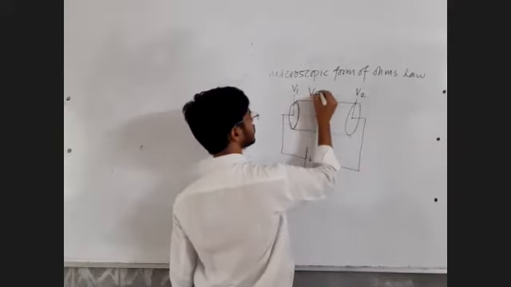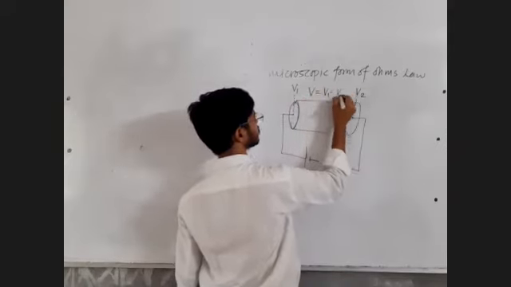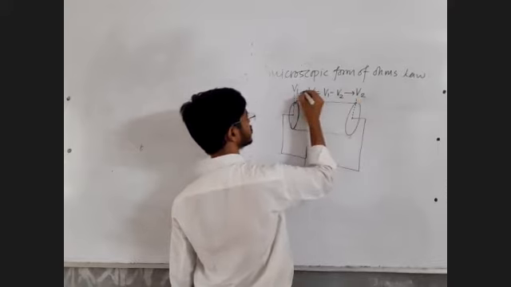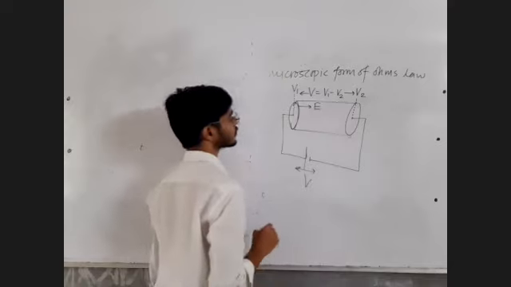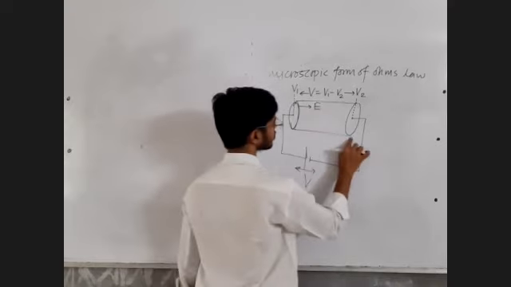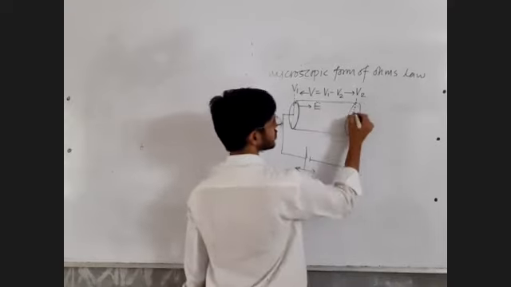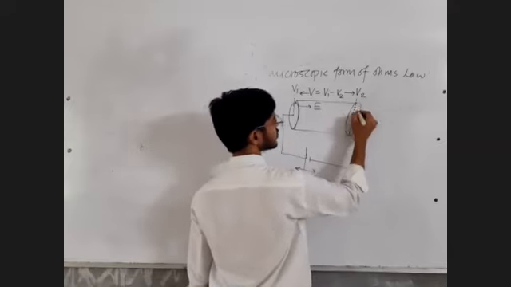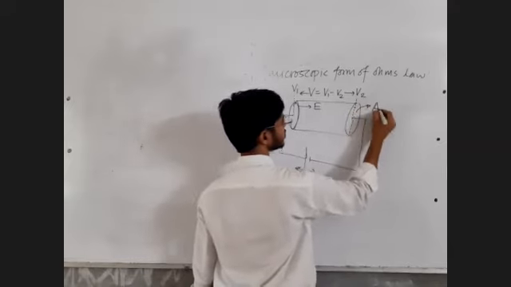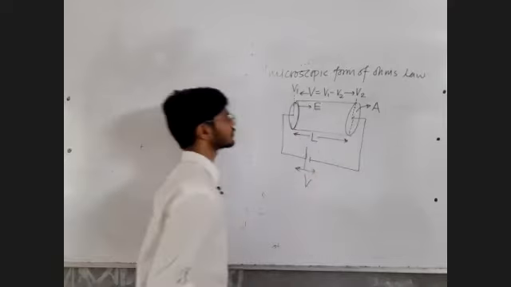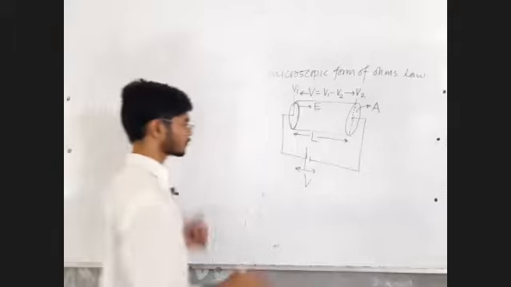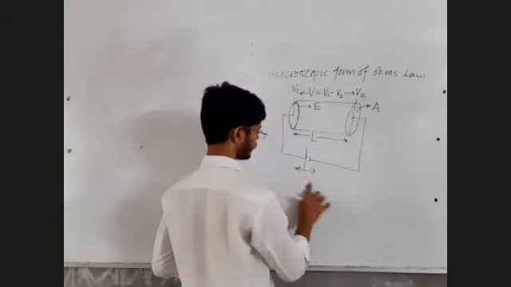Potential difference is V, V1 minus V2. Electric field is in the rightward direction. The cross-sectional area is A. Length of the conductor is L. This is the potential difference capital V.